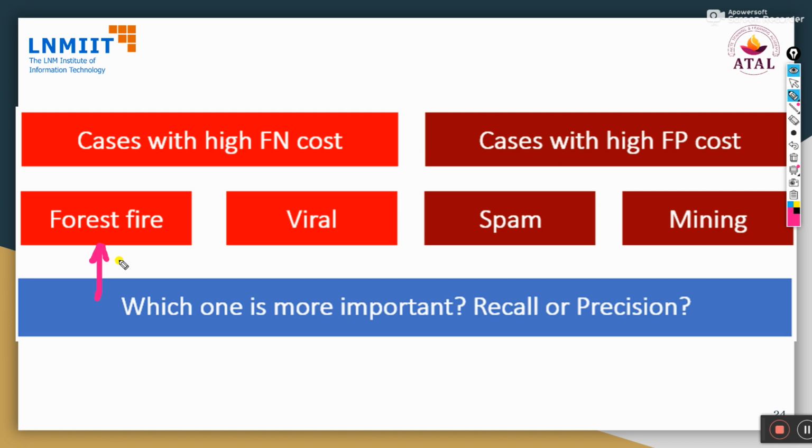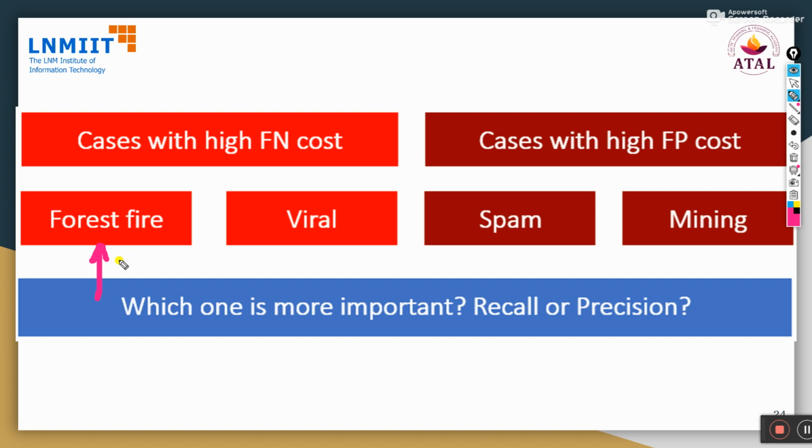For this one it will be no, because generally we talk about a forest not having fire. So reality will say yes, but prediction is saying no.